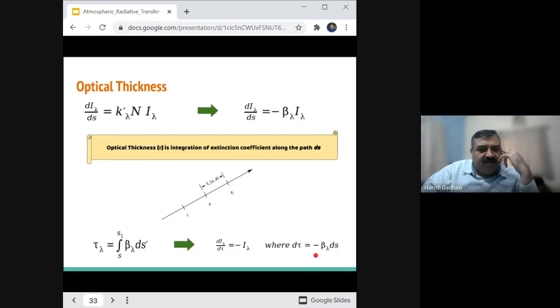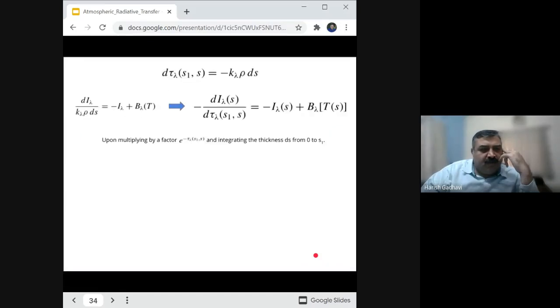But what we want to do is this: you have the radiative transfer equation without any scattering, with only emission because of the black body radiation, and absorption as per the Beer-Lambert law, and you have tau in the denominator. So this is an equation in terms of the optical thickness, and the solution to this equation is what we wanted to find out. And how do we find the solution of this equation?